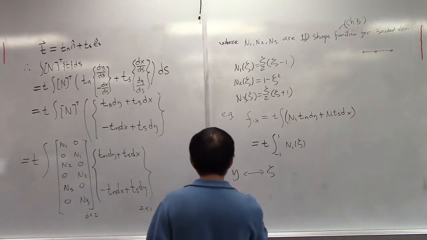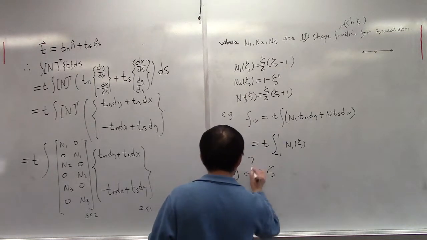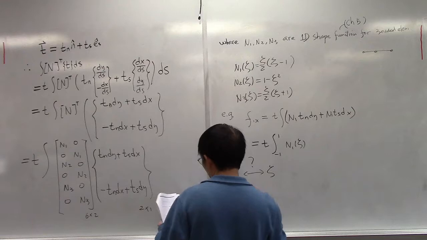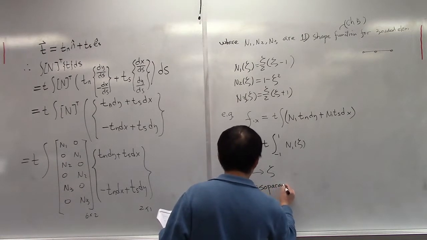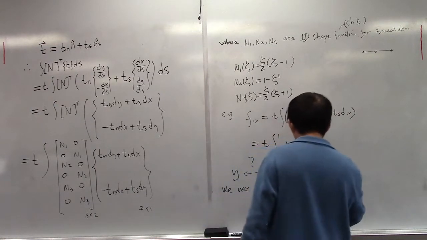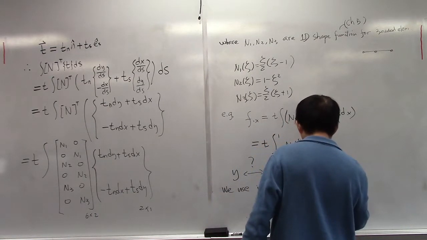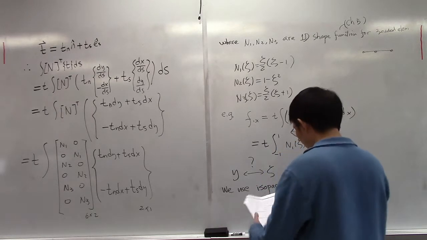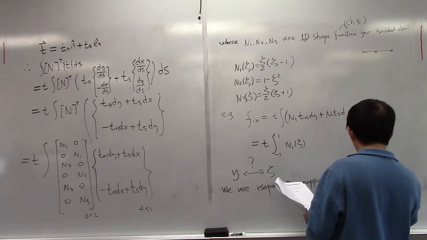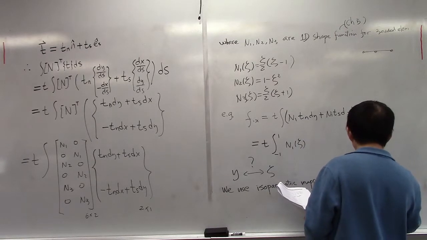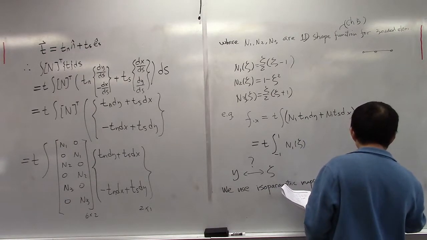Well, we use an isoparametric mapping. So x is mapped from the nodal position xi.